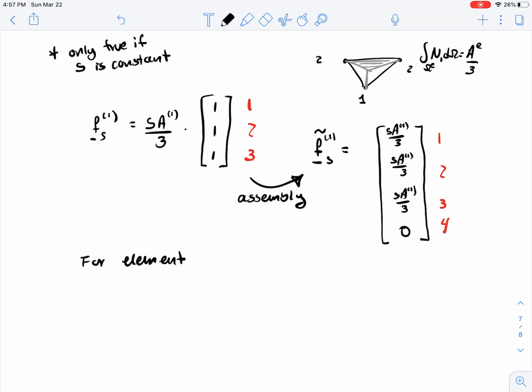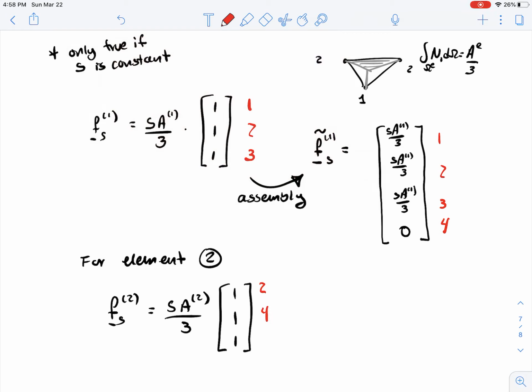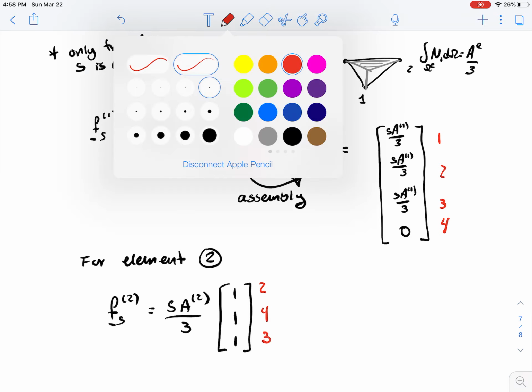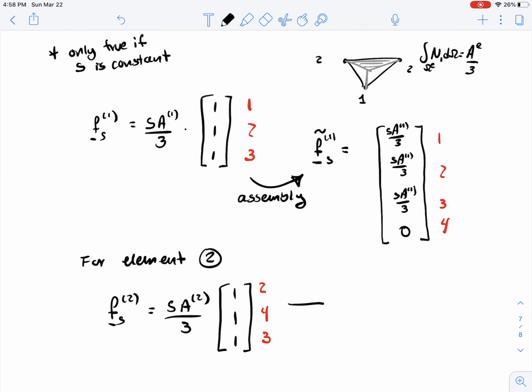So that is the source force vector from element 1 and the corresponding assembly. Then for element 2, fs2, S is also constant for element 2, so this will just be the same. I won't redo it. This is just S times the area of the second element divided by 3 times 1, 1, 1. And then for the assembly, again, list the global node numbers. So the global numbers are 2, 4, and 3 for this element.